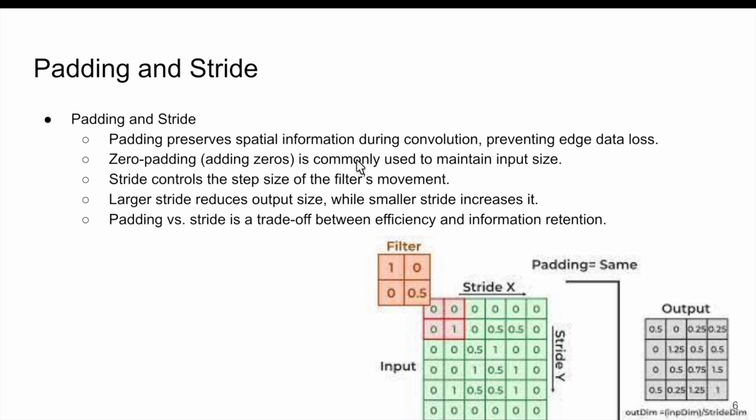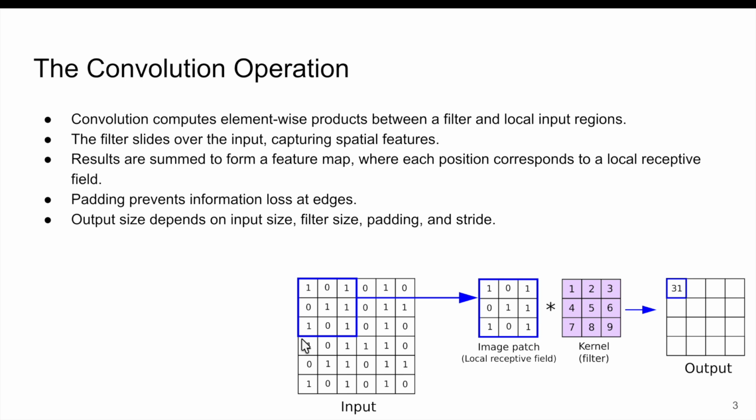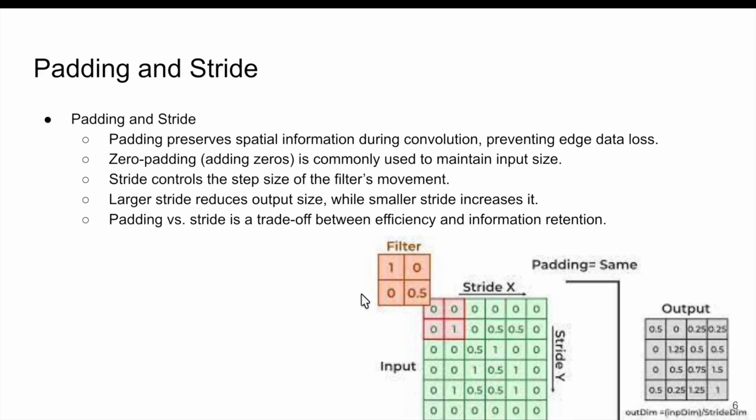So now what about the edges? When we perform the convolution operation as shown over here, the edges are detected only once, whereas the inner data is detected more than once, and this might result in losing information from the edges. To avoid this, we do padding outside the edges with zeros.